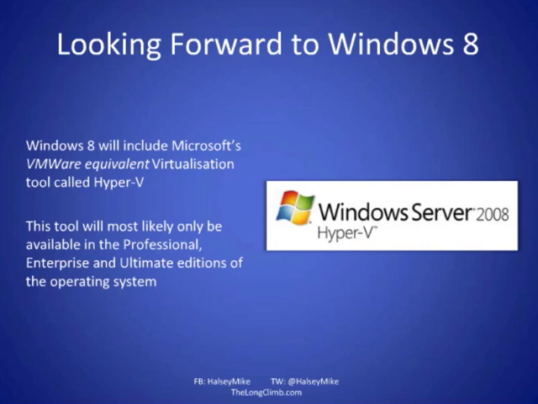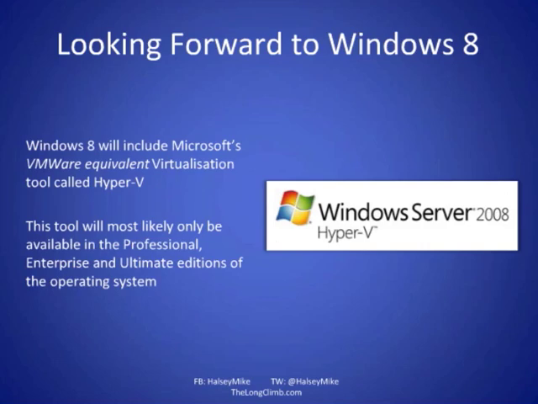Now, looking forward to Windows 8, if you're already familiar with Windows Server, then you may have heard of a product called Hyper-V. Now, this is Microsoft's own virtualization client, what's called a Type 0 hypervisor, one that can get complete access to your processor, your memory, all your devices, all your network shares and everything. It's incredibly powerful software.